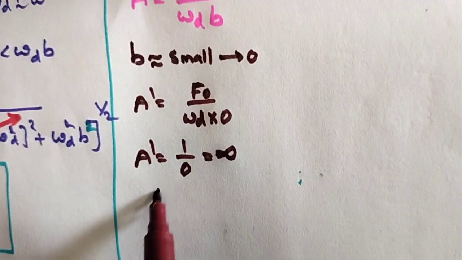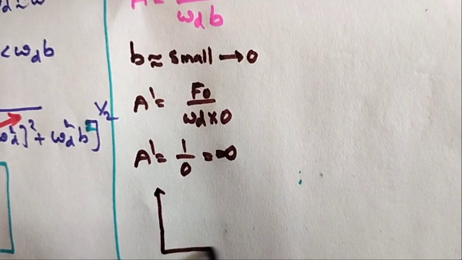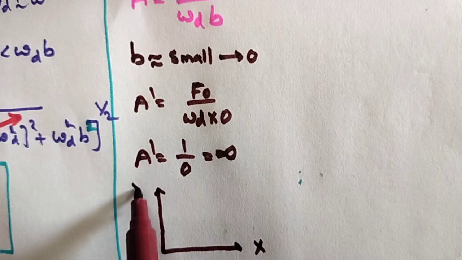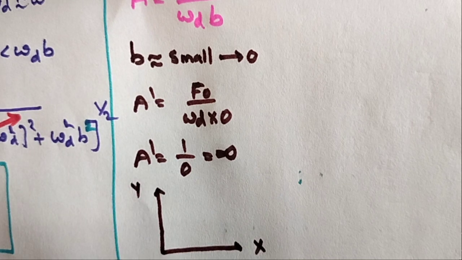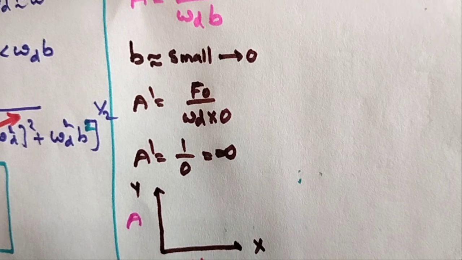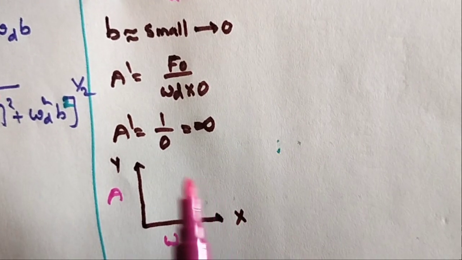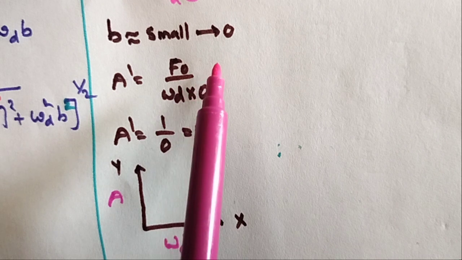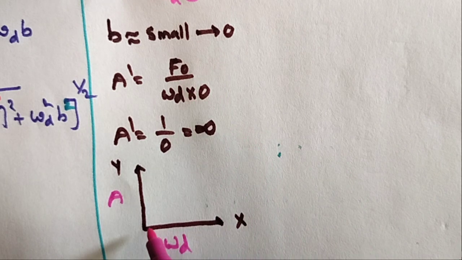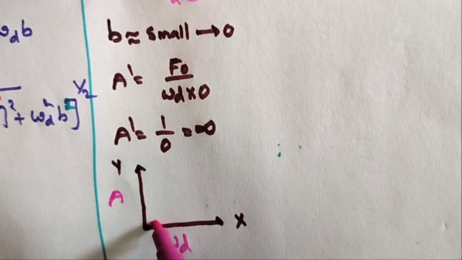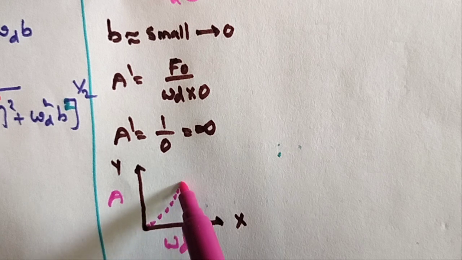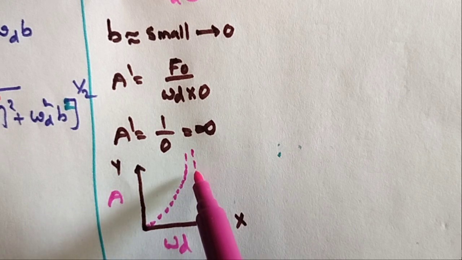So here I am taking one graph. This is the x-axis and y-axis. In the x-axis is amplitude, in the y-axis omega d. When the damping b decreases, the amplitude moves to infinity.